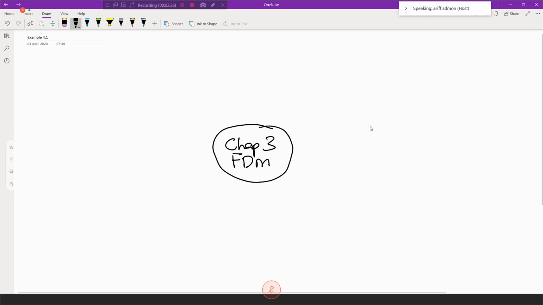We have the linear case and also the nonlinear case. For both linear and nonlinear, we have the types of boundary condition. Basically we have Dirichlet.